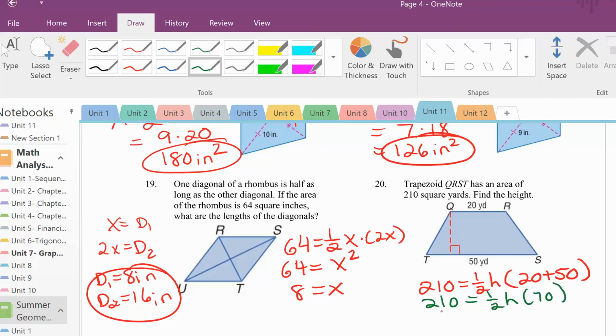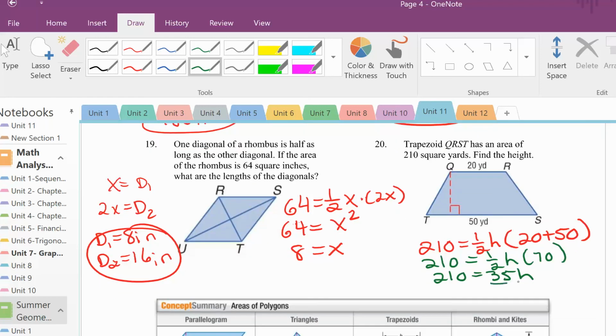Well, half of 70 is 35. So it's 35h. So then divided by 35, h is equal to 6. So the height is 6 yards.